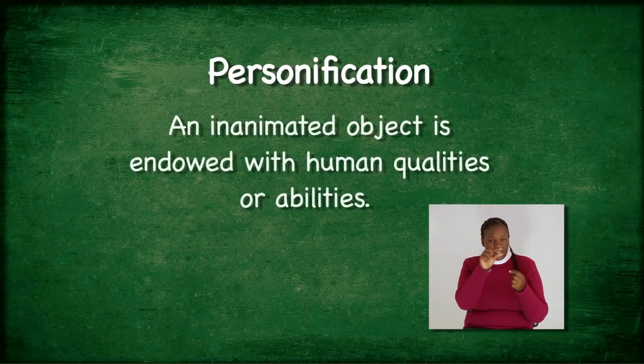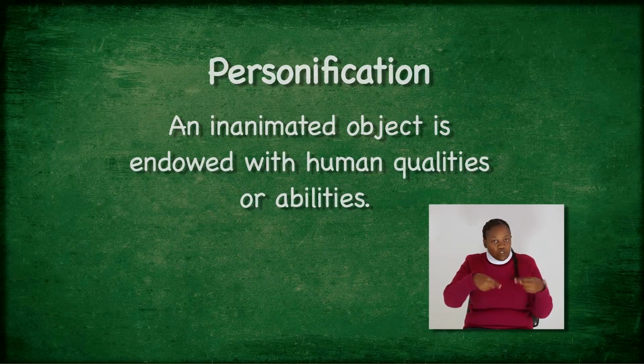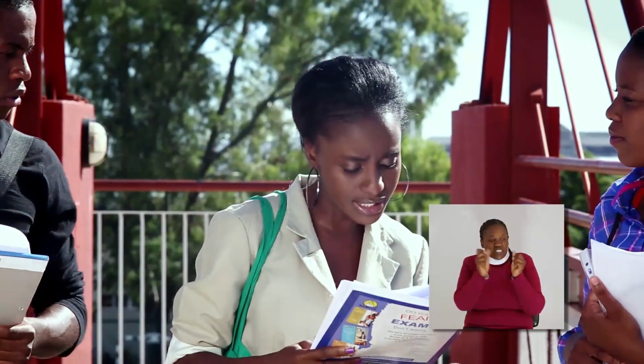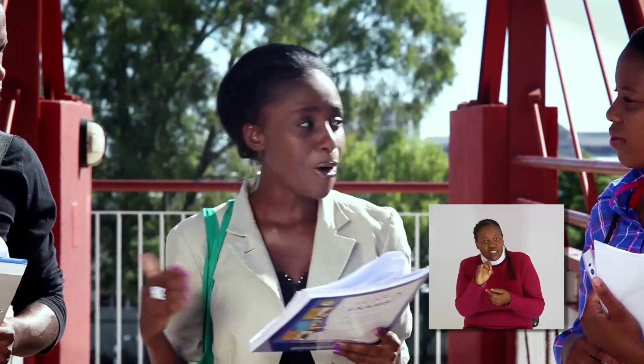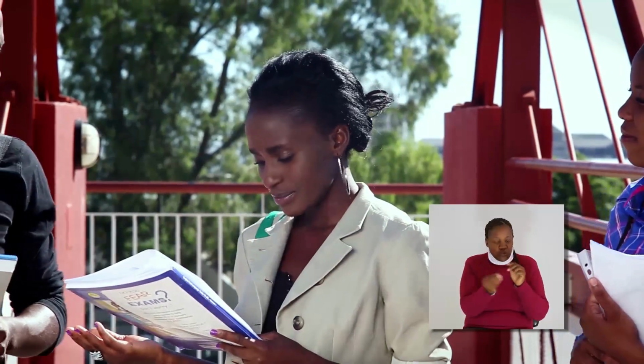Personification is an inanimate or lifeless object endowed by the writer with human qualities or abilities. This means that human characteristics are given to animals, objects, or ideas, right? This is often used in children's books or fictional literature.